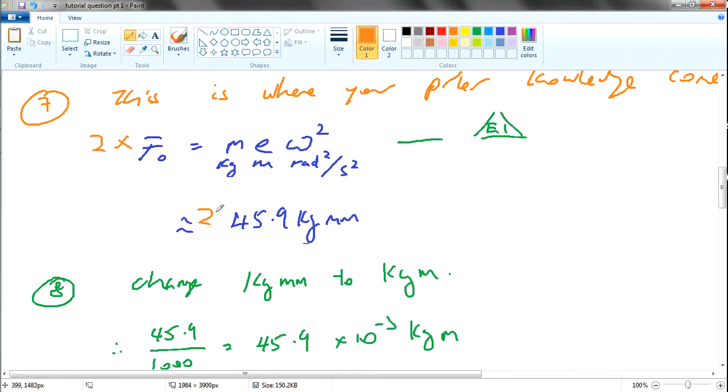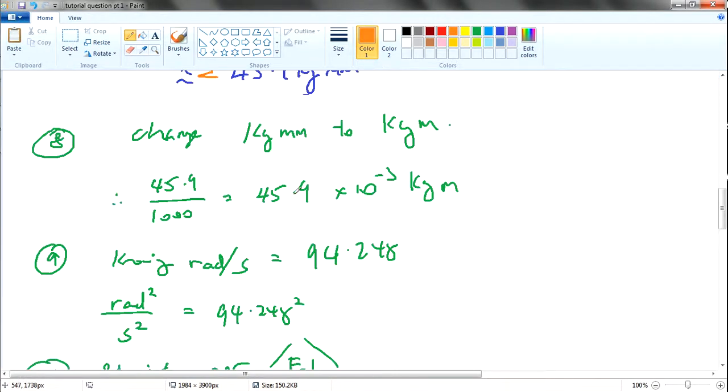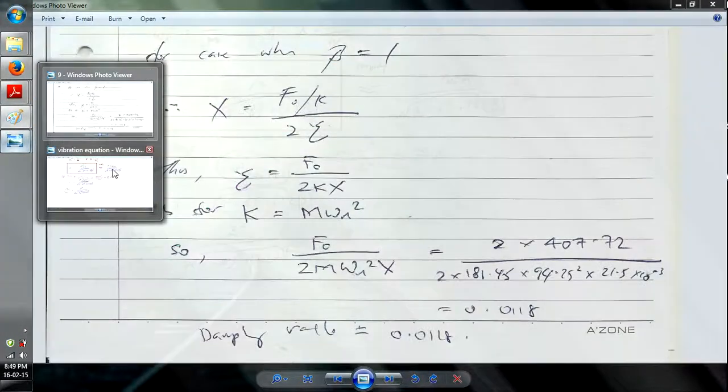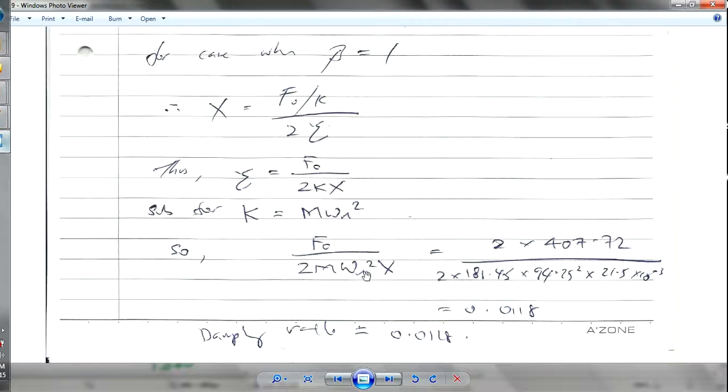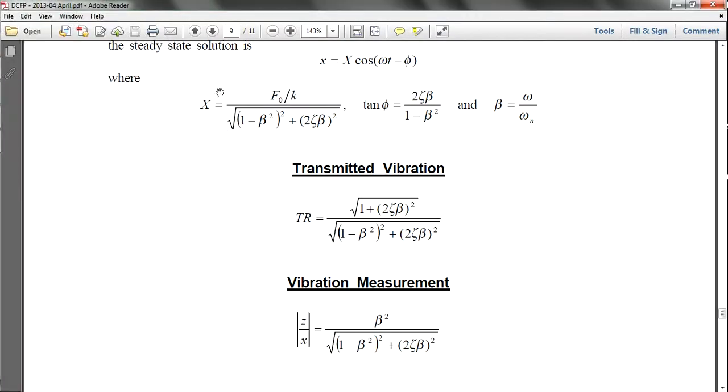So F naught is equal to 2 times 45.9 kgmm, times these things. If you use this one, you would eventually get this. So just to repeat, now I only use this formula.